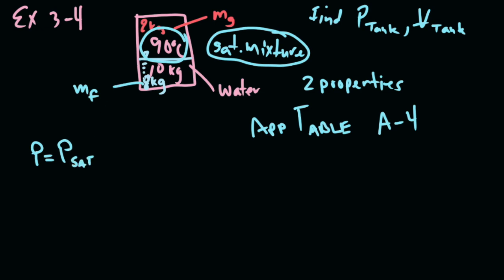Remember, when we're in a saturation state, there is a unique pressure and a unique temperature. In other words, you give me the fact that we're in a saturation mixture, and then all I need is the temperature, and I can give you pressure. This is the saturation pressure at 90 degrees Celsius, so that's a table lookup.